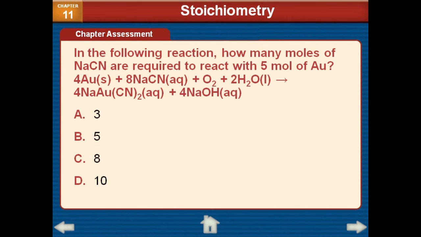In the following reaction, how many moles of sodium cyanide are required to react with 5 moles of gold? It's the same reaction as the last problem. 4 moles of gold plus 8 moles of sodium cyanide plus oxygen plus 2 moles of water yield 4 moles of sodium gold cyanide plus 4 moles of sodium hydroxide.